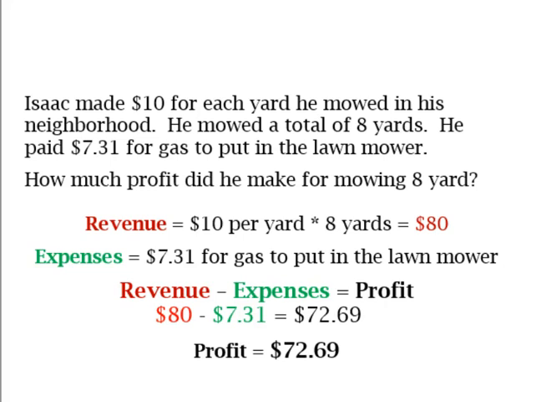So 80 minus $7.31 is equal to $72.69. Isaac's profit for mowing 8 yards is $72.69.